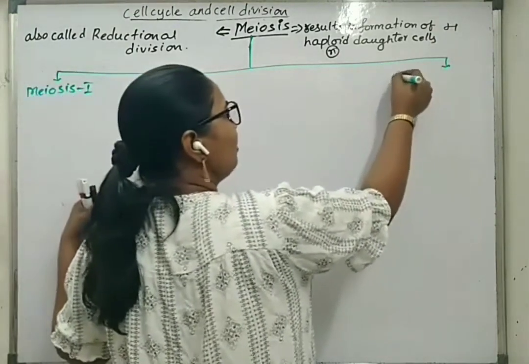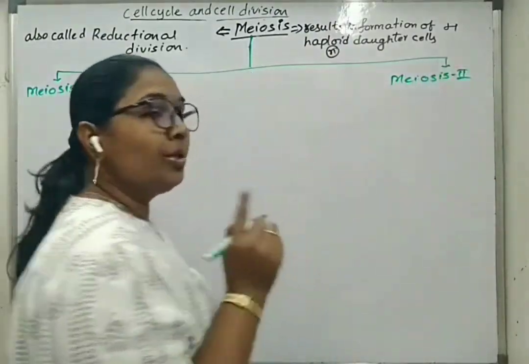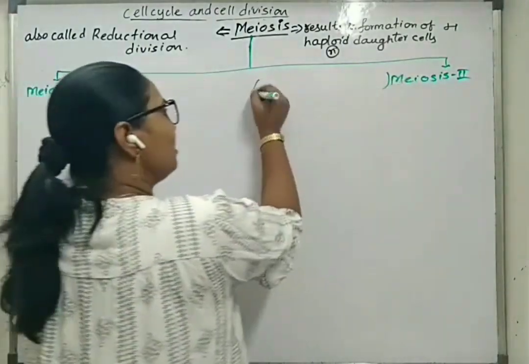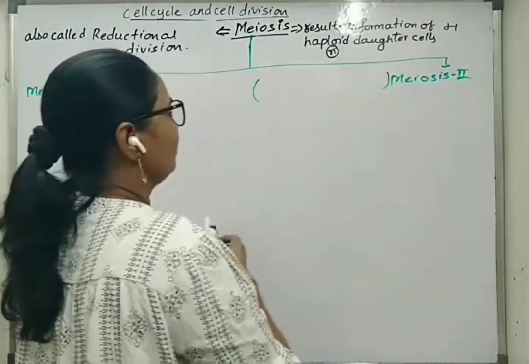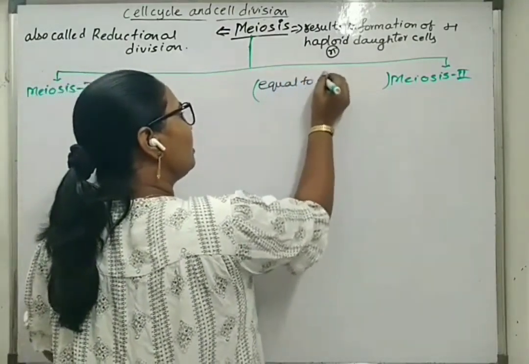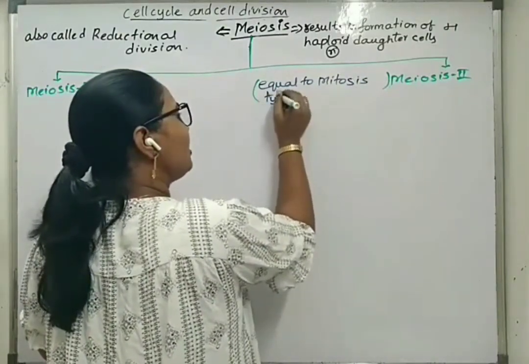Second one is meiosis 2. Meiosis 2 is equal to mitotic cell division, mitosis type of cell division.